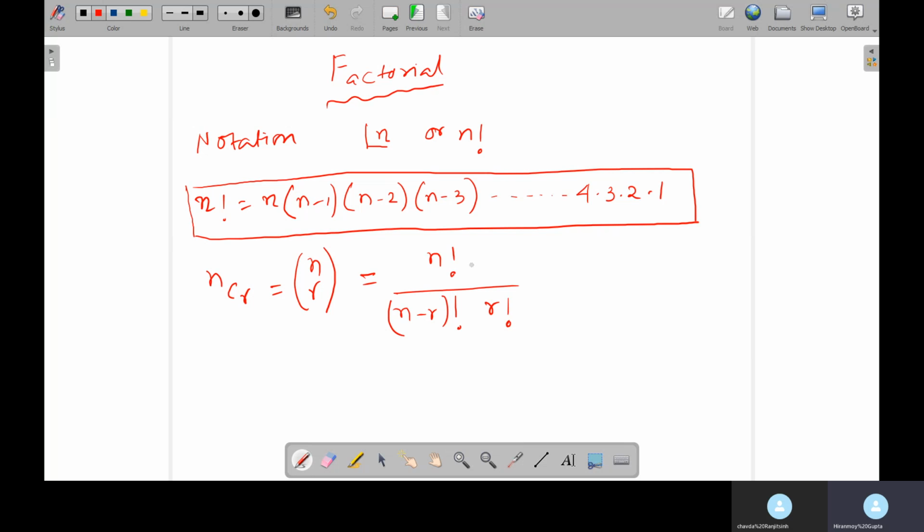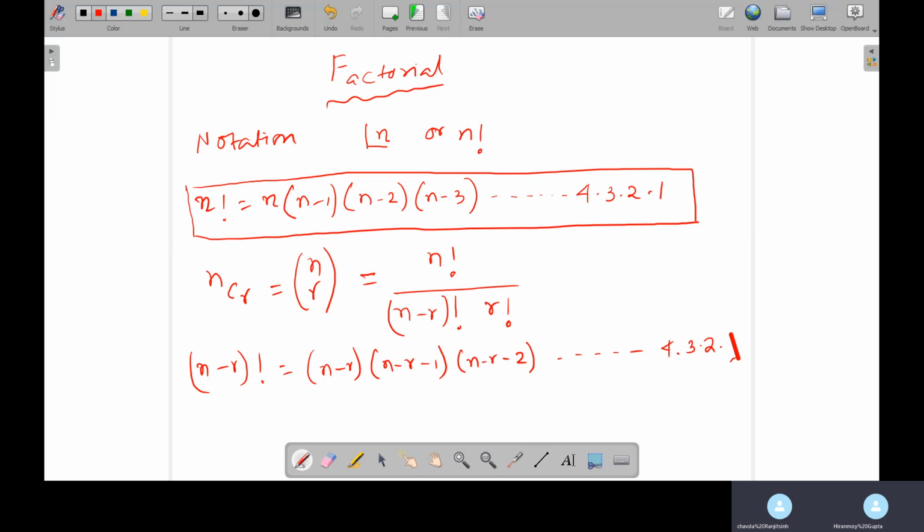Now how can this expression be represented? In a similar way as n factorial. If I write n minus r factorial, this means n minus r, n minus r minus 1, n minus r minus 2, up to 4, 3, 2, 1.